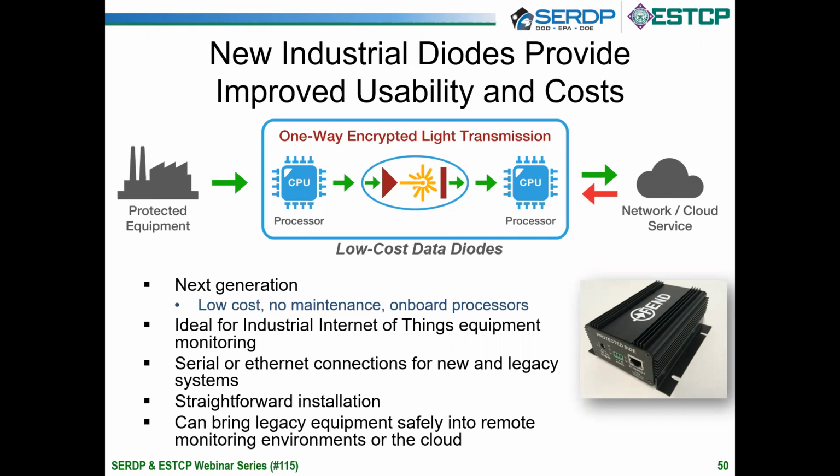And they no longer require you to have servers that are there to collect data, one trained only to speak and one trained only to listen. This all happens within a small device about the size of your fist. And these are really ideal for the industrial Internet of Things, bringing this equipment into a remote monitoring setting, letting operators know what's happening, but not allowing attackers any physical way to hack into those systems.